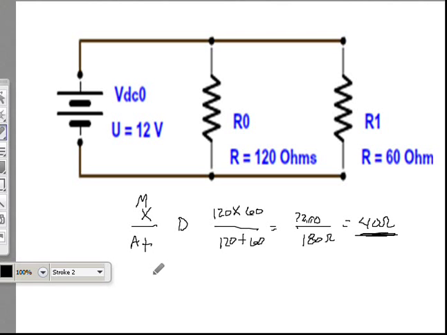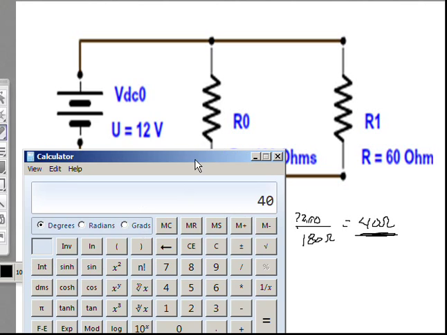Now, let's take it with the inverse sum, which means we're going to take 1 over R0 plus 1 over R1, which is the same as taking the conductance of the two resistors.